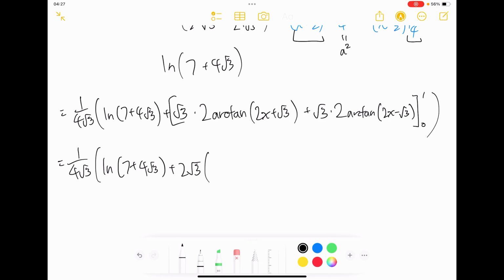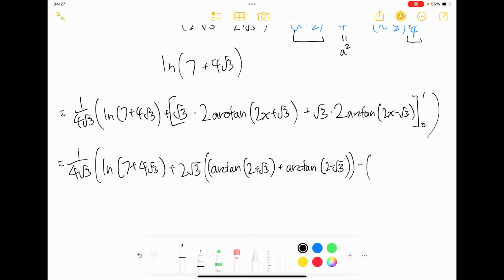So what will happen if I put in 1 first? If I put in 1, that's going to give me inverse tangent of 2 plus root 3 plus inverse tangent of 2 minus root 3. Wow, amazing. So that's in brackets. And then subtract when I put in 0.